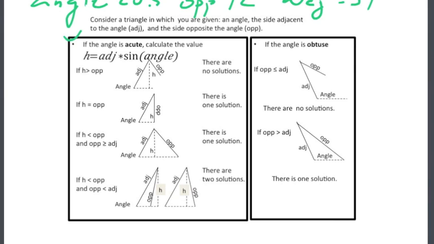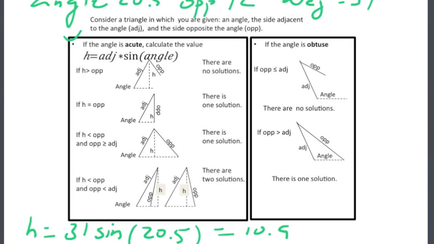That says we're working over here. Then h is adjacent sine of 20.5, which is equal to 10.9.